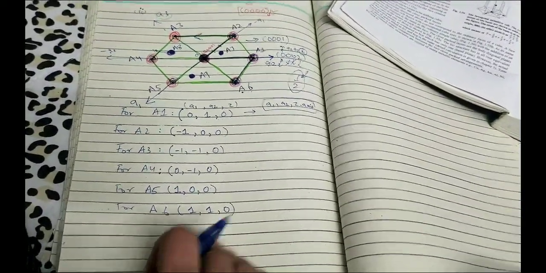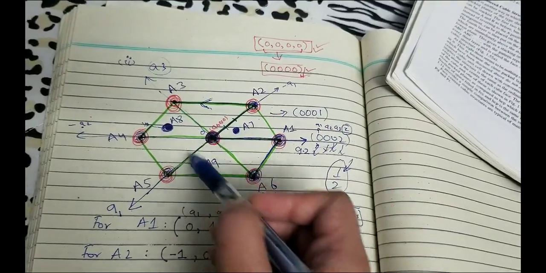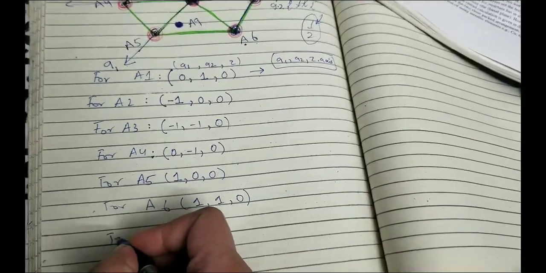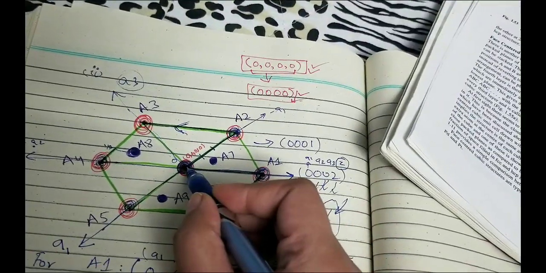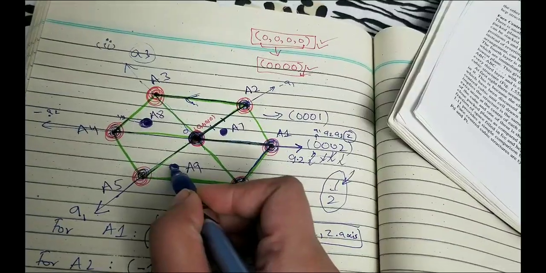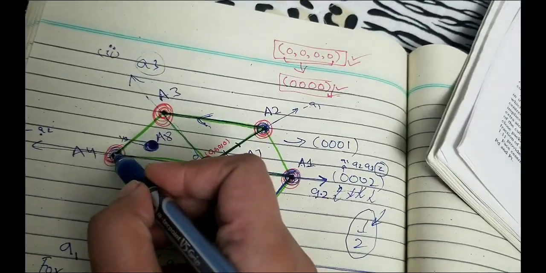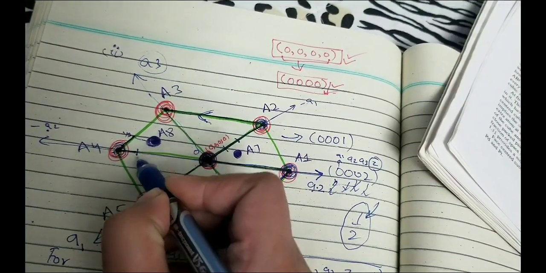Now we need to find out the position of these atoms, which are slightly different. Now for A7, A7 is closer to this atom, A9 is closer to this atom, A8 is closer to this atom, and they are close by 1/3 units.